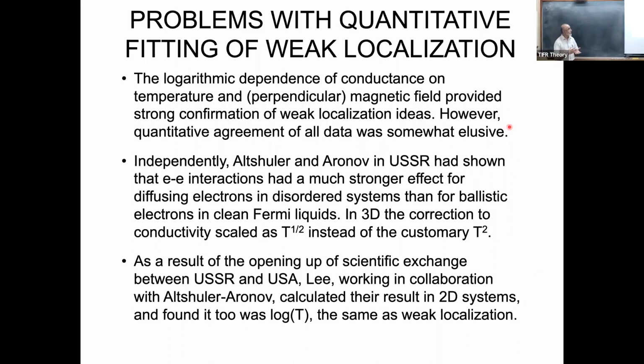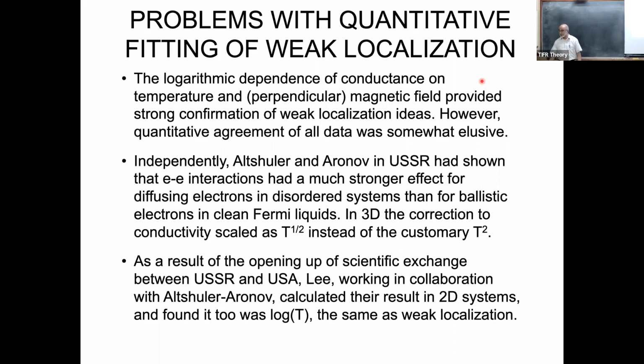So, as we saw in the last lecture, the conductance depended logarithmically on temperature, and it depended on the perpendicular magnetic field, which would cut off the localization effects, leading to negative magnetoresistance.